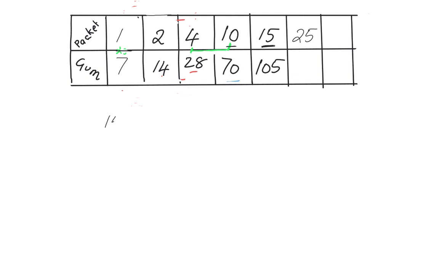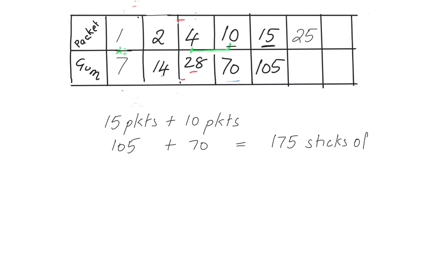So we've got 15 packets plus 10 packets. 15 is 105 sticks of gum, plus our 10, which is 70, which is 175 sticks of gum. Is there another way that we could solve it? That's what we want to keep encouraging our students. Is there anything else in the problem string, something we've solved previously, that can help us again now?